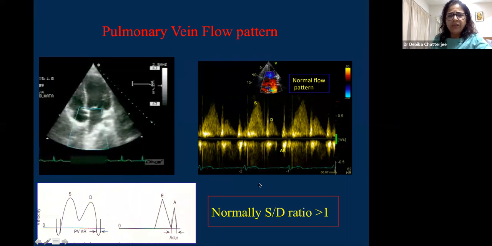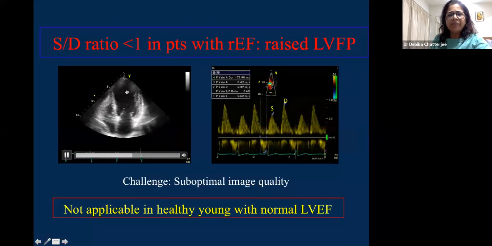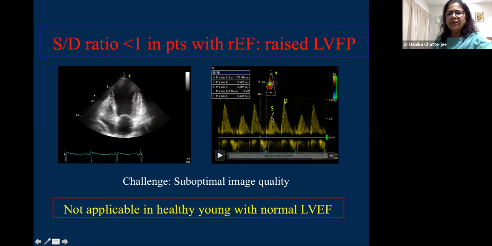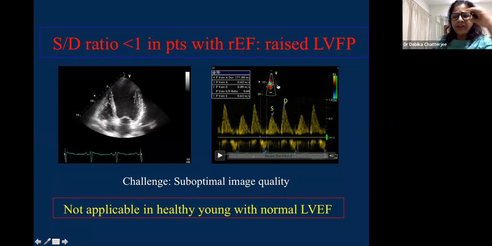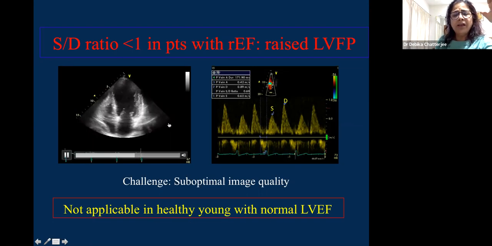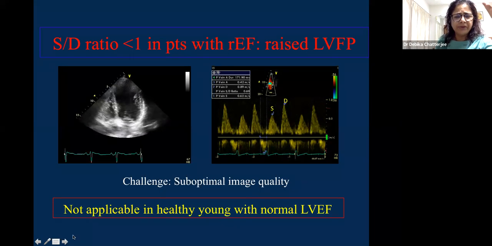But if there is a patient with reduced ejection fraction, as in this case, a large LAD infarction, so the patient's ejection fraction is definitely low, and you are getting the systolic wave less than the diastolic wave, we say that this is a sign of raised LV filling pressure. However, this is not applicable in healthy individuals with normal LV ejection fraction. Remember it.